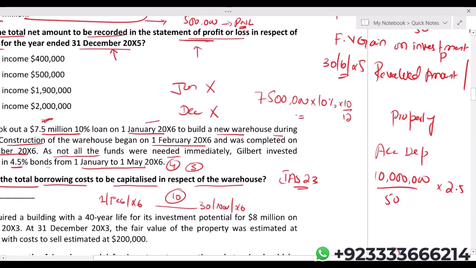Let me use the calculator. 7.5 million. I'm getting 6,25,000. From this 6,25,000, we will deduct the return on short-term investment, but only 3 months. Even though they have invested the fund for 4 months, only the relevant months for calculating borrowing cost to be capitalized, they are 3 months.